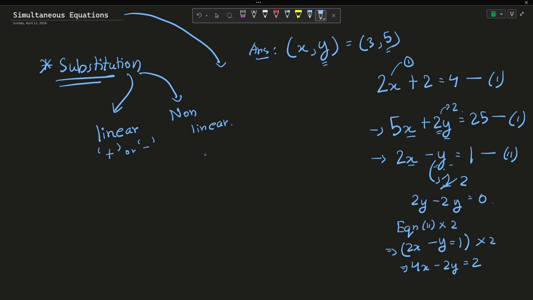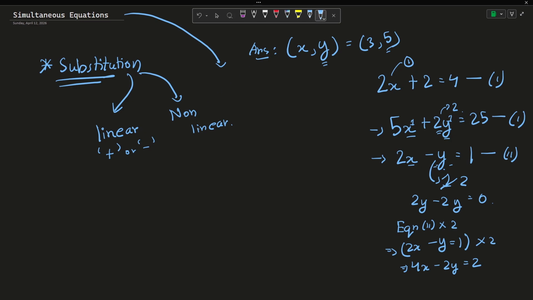For nonlinear equations, the variables will be multiplied to each other or have a power greater than 1. In our linear equation, the power of both of our variables is 1. But in a nonlinear equation, the power can be x square or y square or anything. So when you see in a set of simultaneous equations that the power of x and y is more than 1, you will have to identify it as a nonlinear equation.